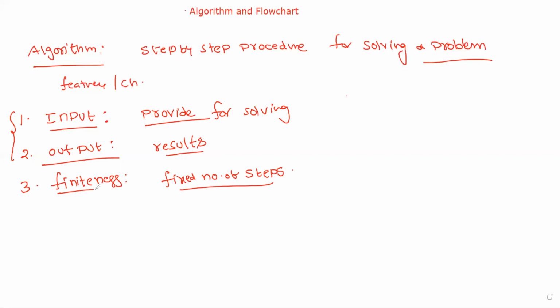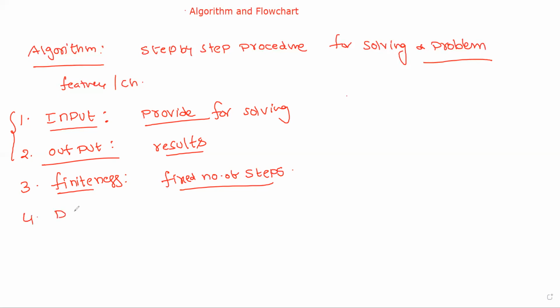Suppose for solving this problem, it takes 100 steps, or 5 steps, or 1 lakh steps, but the number must be finite. After completion of these steps, we get the output. Suppose you don't know after how many steps you get the output, then that is a problem. So for each and every algorithm, you have to fix the number of steps.